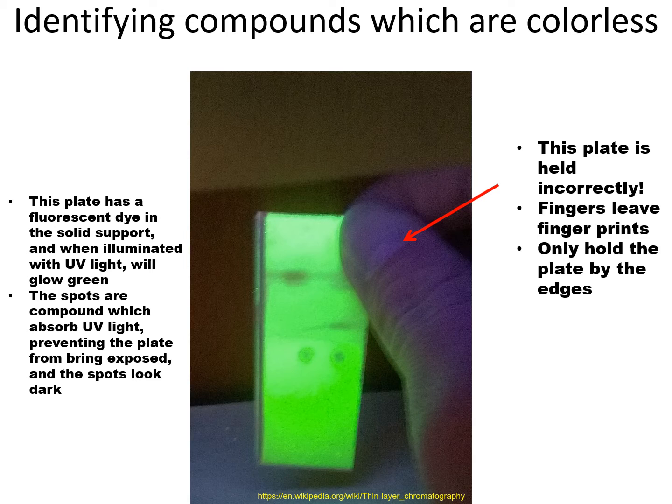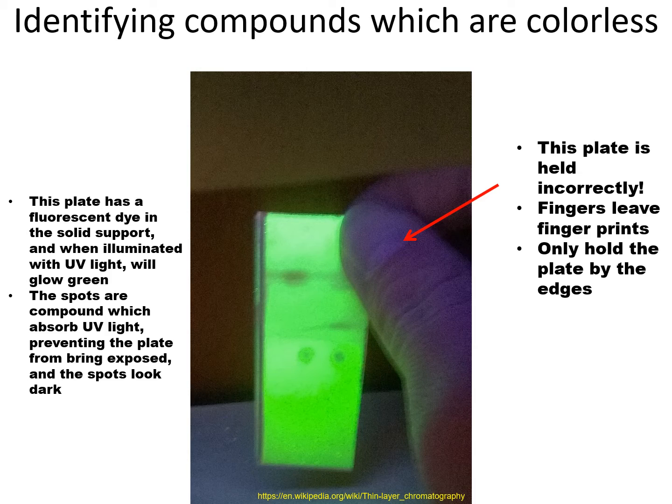If you put your plate under UV light, the silica has a fluorescence dye, so it will look green, whereas the spots will appear as black spots as a result of their UV light absorption. In that way you can identify the spots and mark them with your pencil very easily.